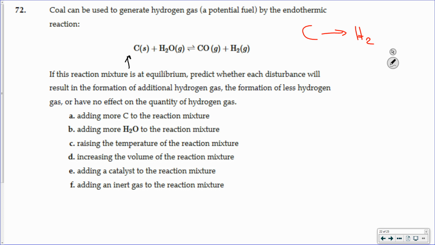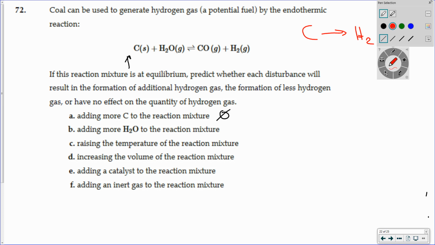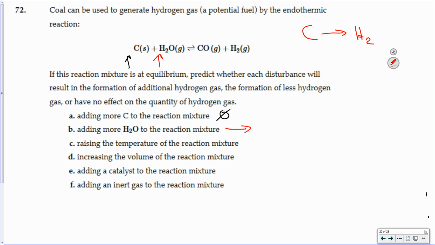It's a solid, so it doesn't change it. If I add more water to the system, okay, so if I add more water to it, what's that do to it? It's going to drive it forwards. Okay, so I'm adding more of the reactant to it.